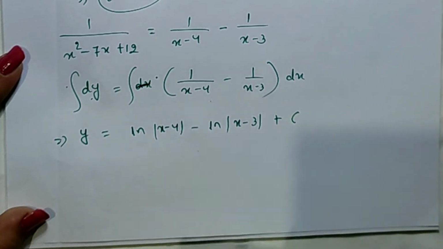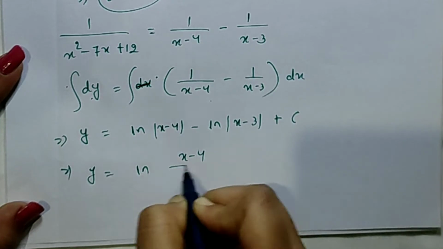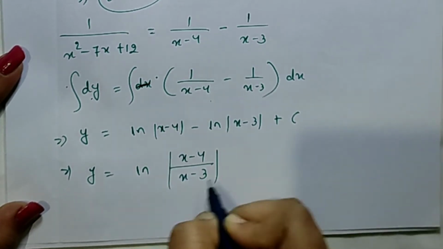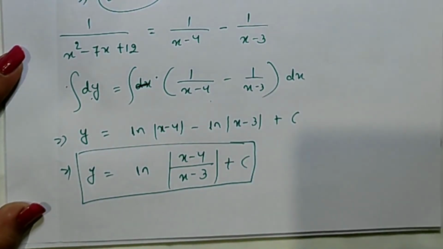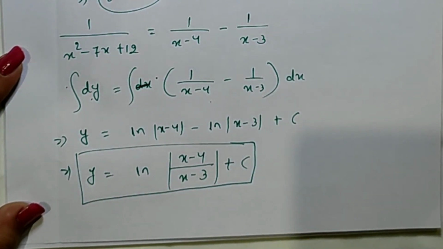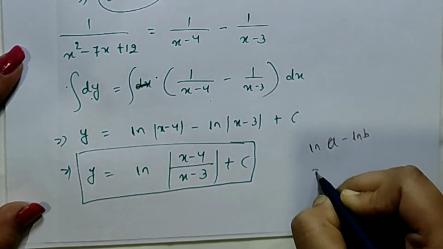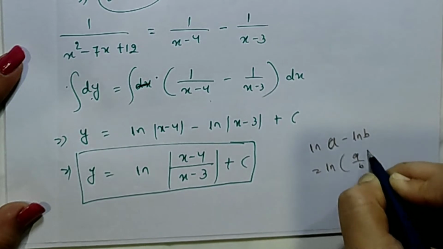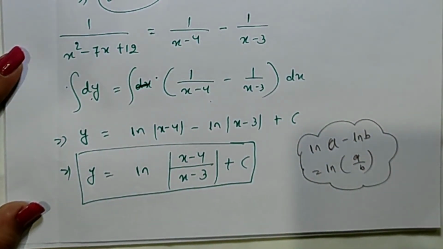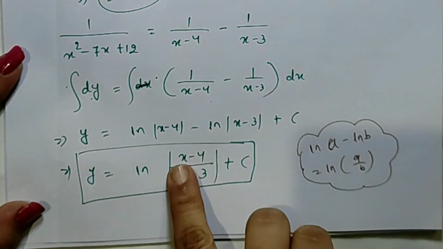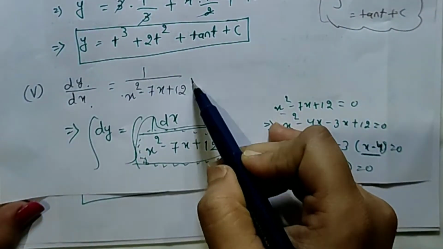C is the integrating constant, implies that y is equal to ln of x minus 4 by x minus 3 plus c. This is our general solution. Because we know ln a minus ln b is equal to ln a by b. So this is our general solution to this differential equation.